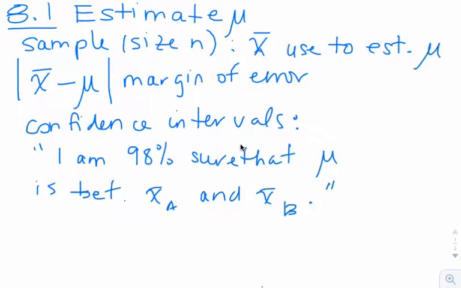So we'd like to say a sentence like this. I'm very sure, or I could be 98% sure, I could be only 70% sure. So this 98%, this is going to be our C, our confidence level.